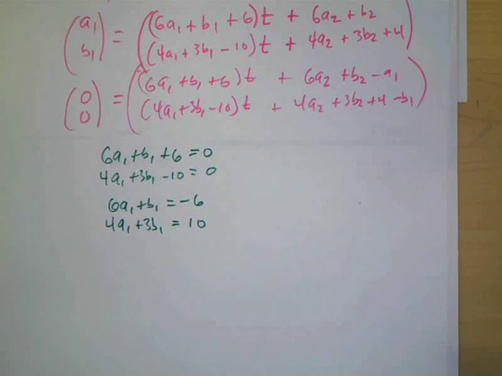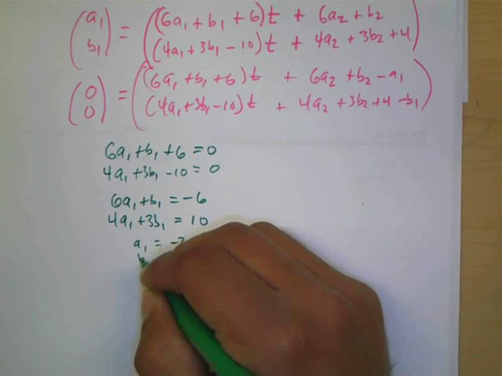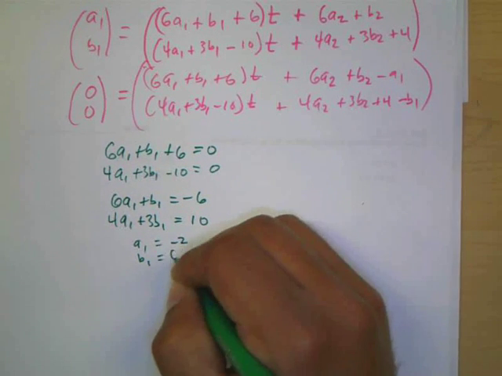And if we solve for a1 and b1, why don't you guys do that? What are you getting? a1 is negative 2, and b1 would then be 6.